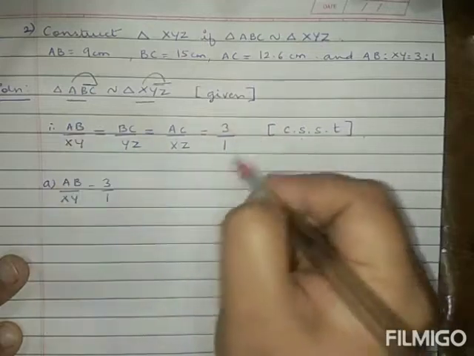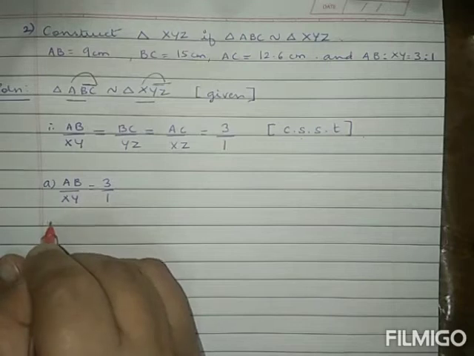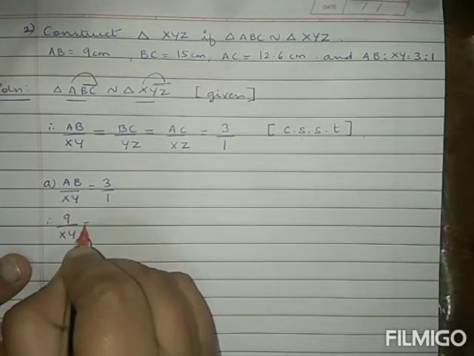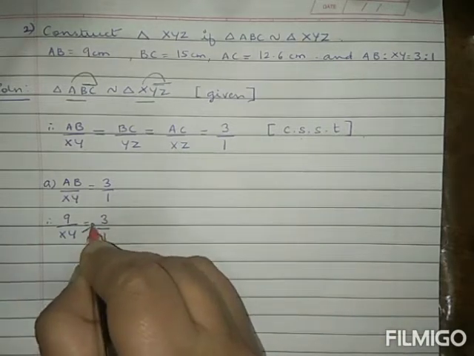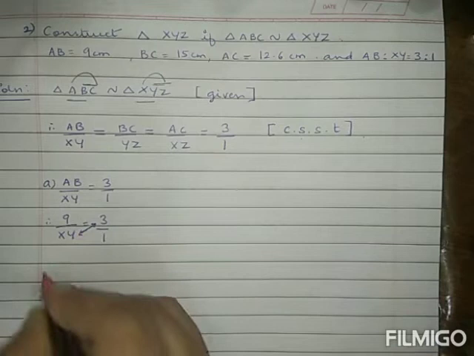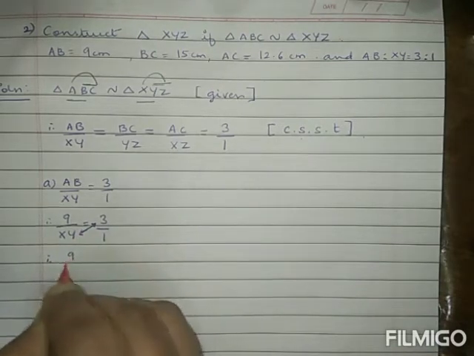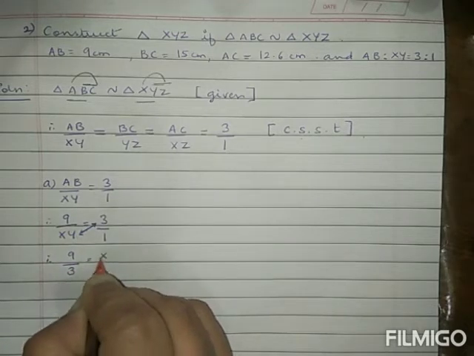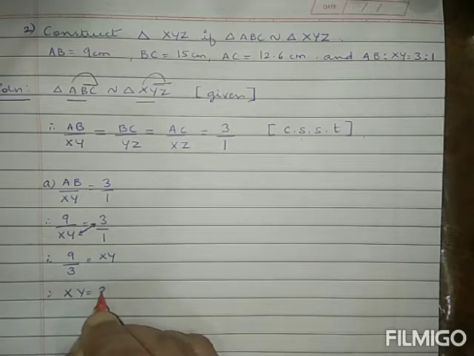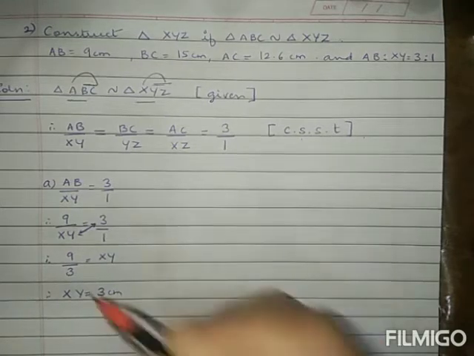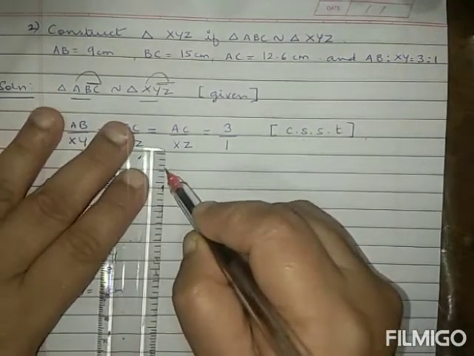So we take the first ratio, out of which AB is given to us as 9 centimeters. Alternando, this will be 9/3 equal to XY. Therefore, XY equal to 3. Okay, so then we go to the second part.